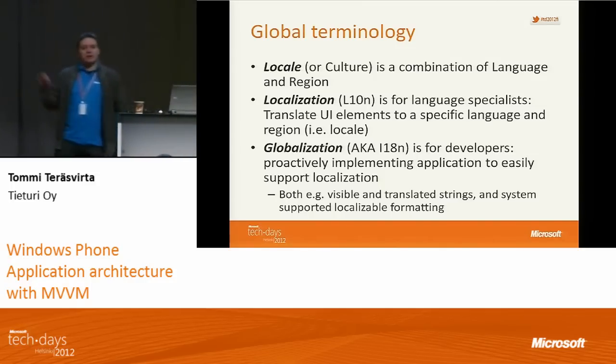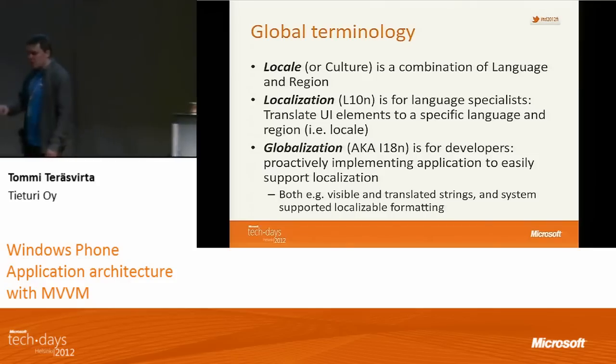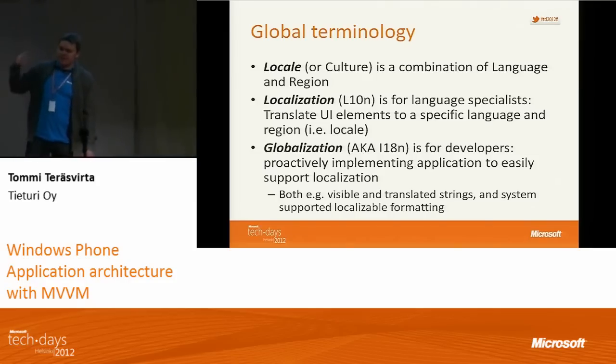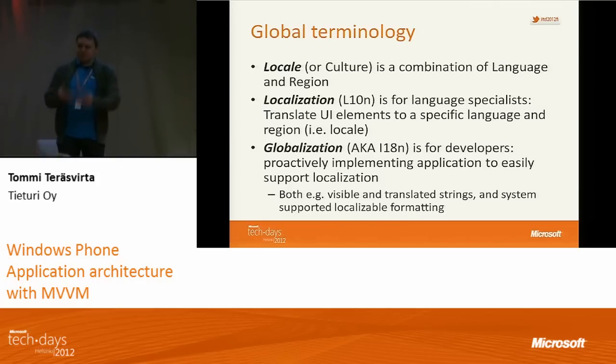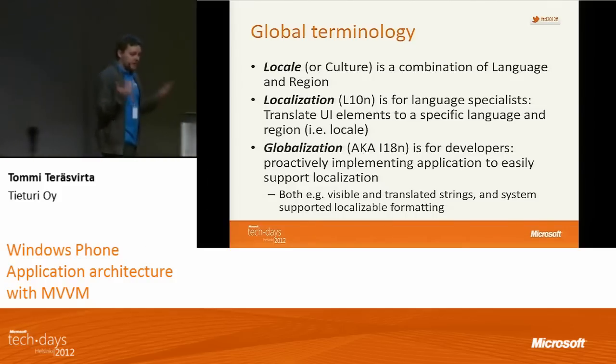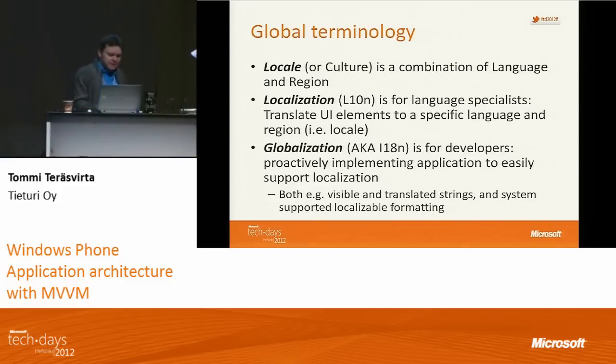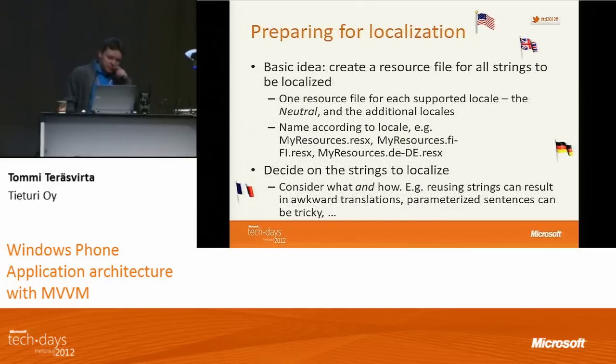So that means that I should be able to write my code so that it is easy to localize by somebody who doesn't really know about code, who doesn't know about program logic, but anyway, it is then easy to localize for a specific region and for a specific language. But that's not just Windows Phone specific.